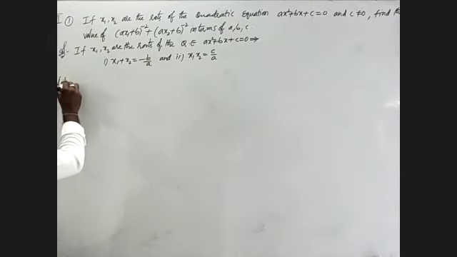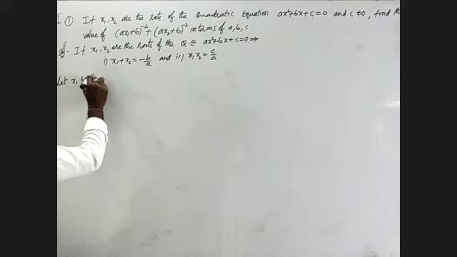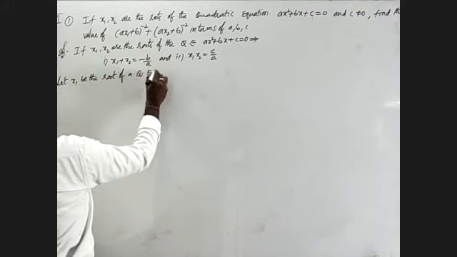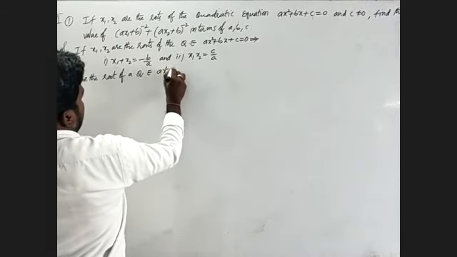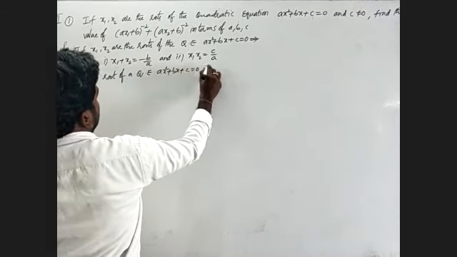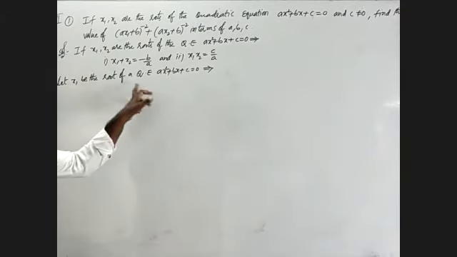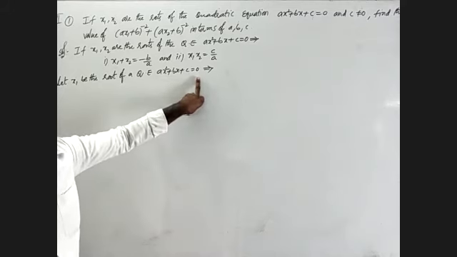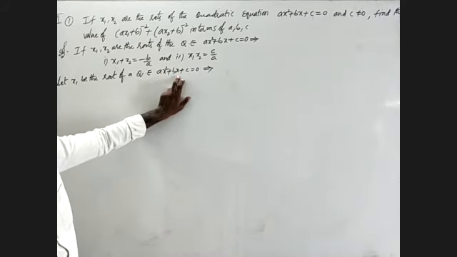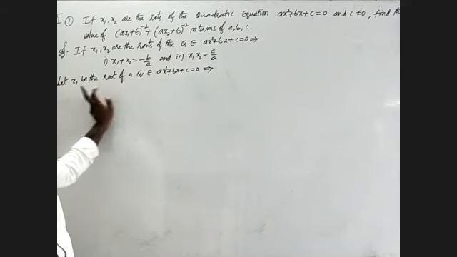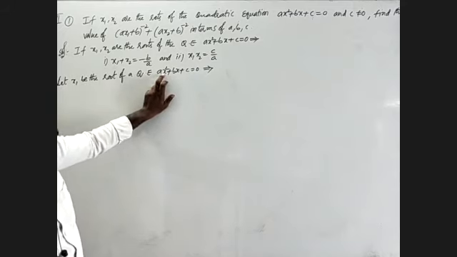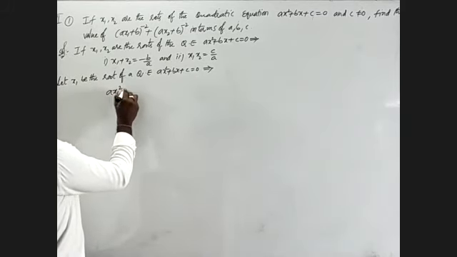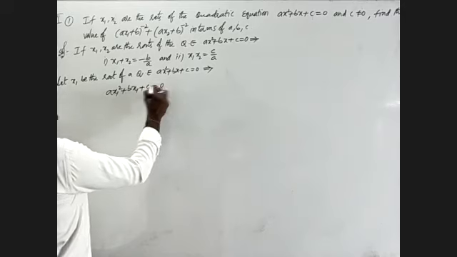Let x1 be the root of the quadratic equation ax² + bx + c = 0, then ax1² + bx1 + c = 0.